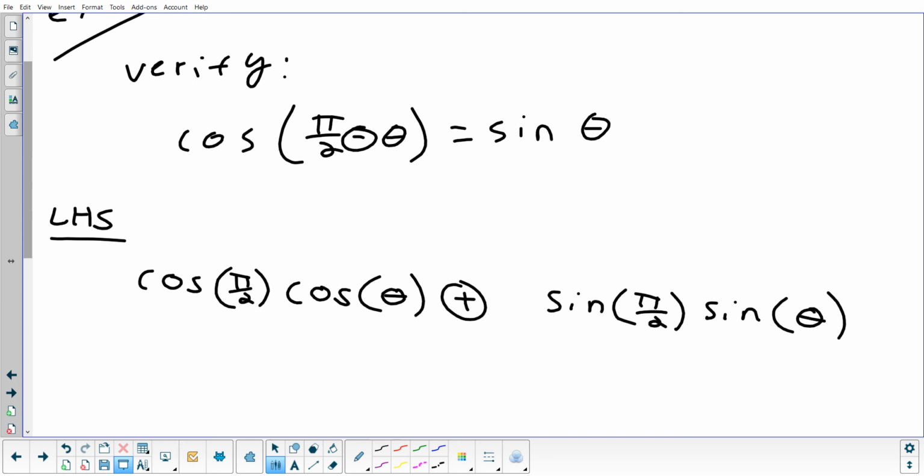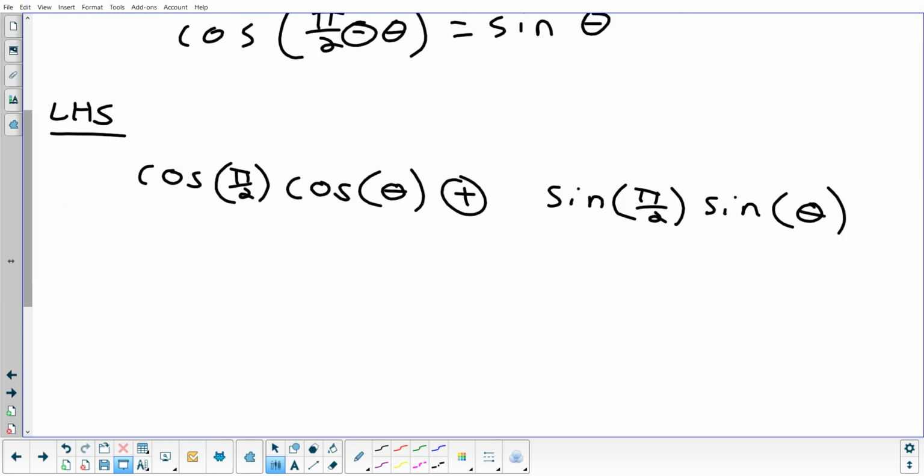So this is going to come out to a very nice number. Can somebody tell me what the cosine of 90 is, if you're doing it in degrees, or if you're doing it in radians, what's the cosine of pi over 2? Or even think about it on the unit circle.